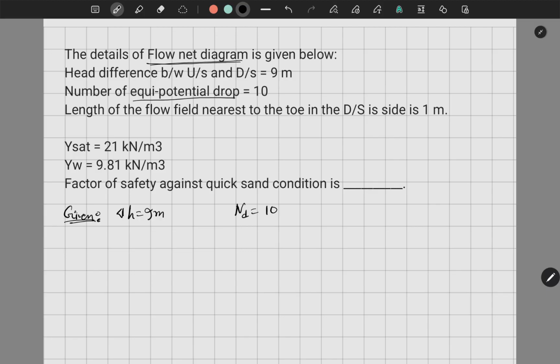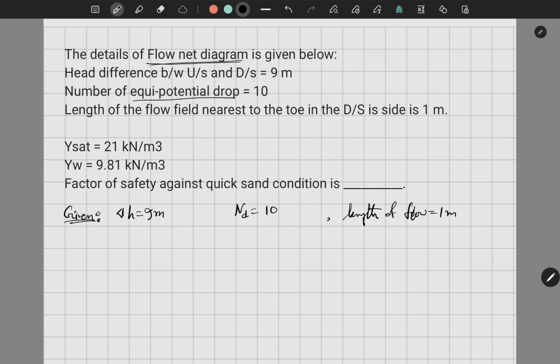Then the length of the flow nearest to the two dams is 1 meter. Length of flow is equal to 1 meter.